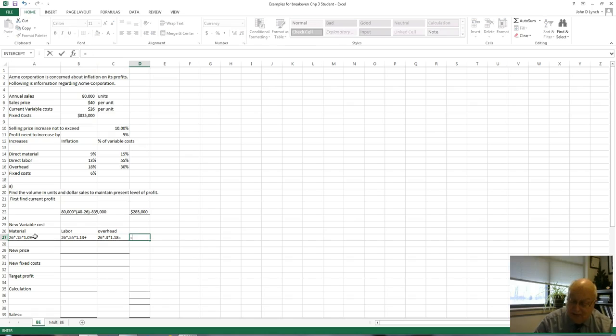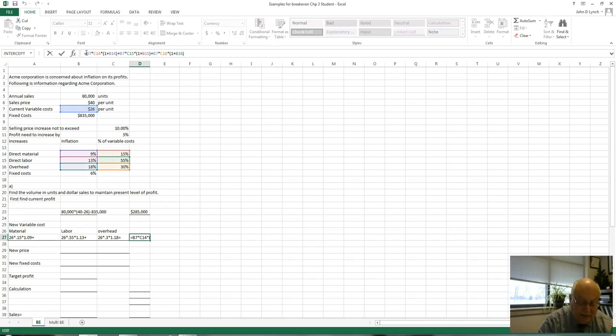So if we do this in Excel, we'll have equal, the $26 times the 15% times 1 plus the inflation rate, plus the labor of $26 times its percentage of 55% times 1 plus its inflation rate of 13%, plus the overhead, which would be $26 again, times 30%, which is its percentage, times 1 plus 18%, which is its inflation rate, and that will give you $29.61.